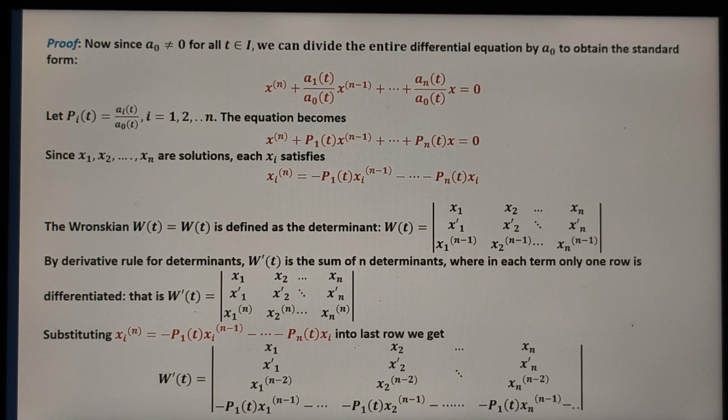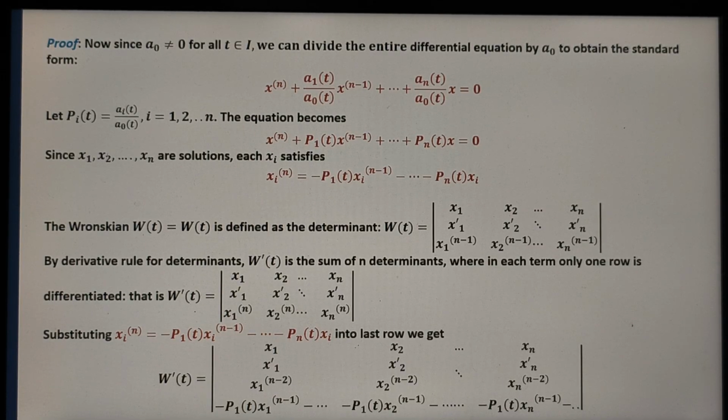So when we take the derivative of the Wronskian, the derivative of the Wronskian is the sum of n determinants where in each term only one row is differentiated.